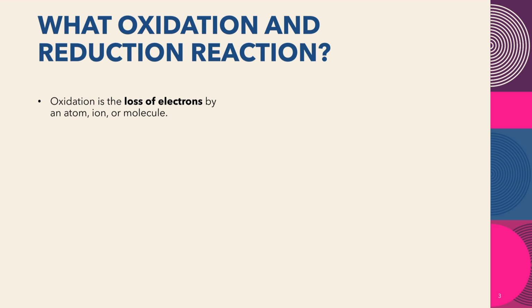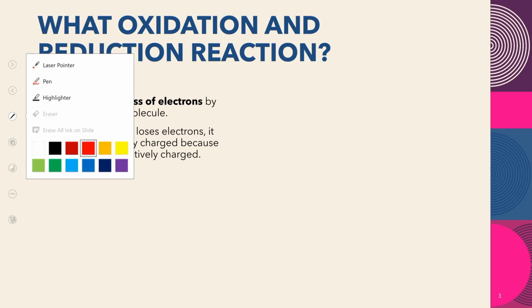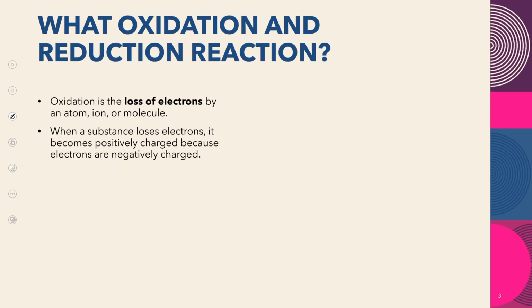So you might be wondering, what is oxidation? Oxidation is the loss of electrons by an atom, ion, or a molecule. When a substance loses electrons, it becomes positively charged. So let me write an equation. Let's look at zinc.